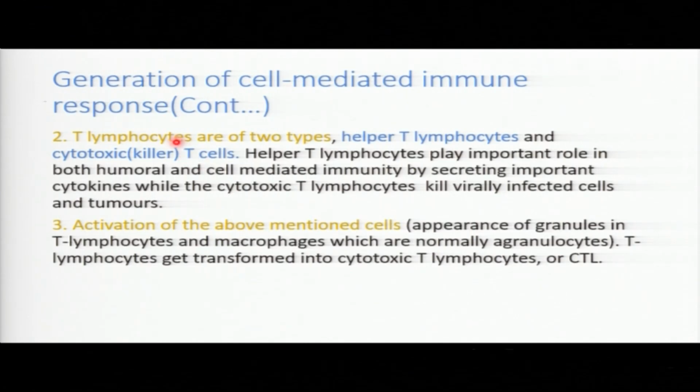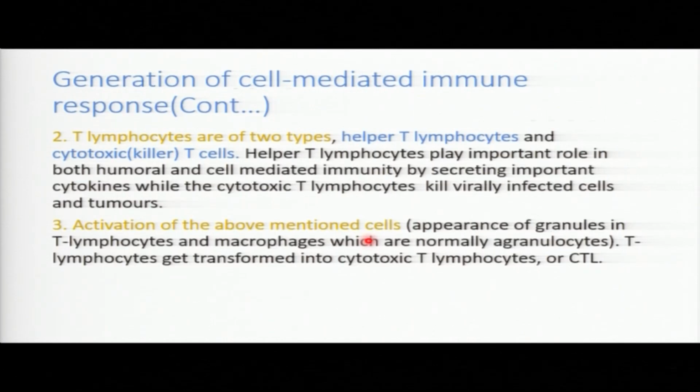Number two is T lymphocytes. There are two types. We have seen that there are T helper cells and T killer cells. Those cells are there just to protect our cells. When a cell becomes infected, it has to be removed from the body by these T lymphocytes.